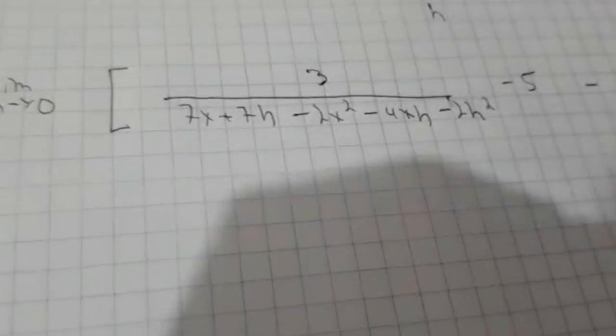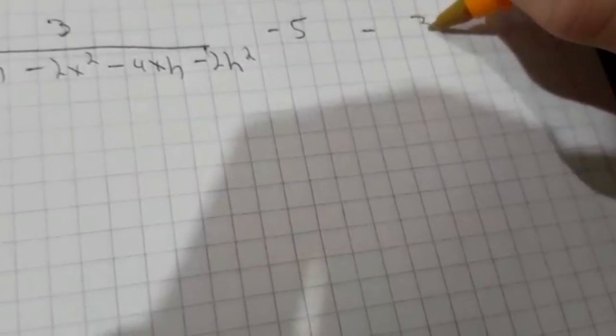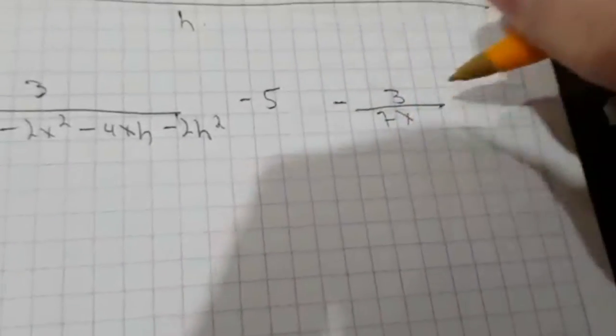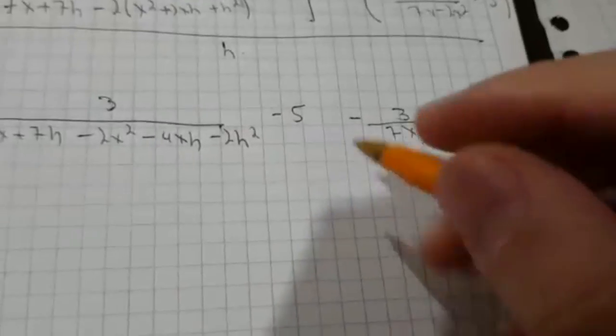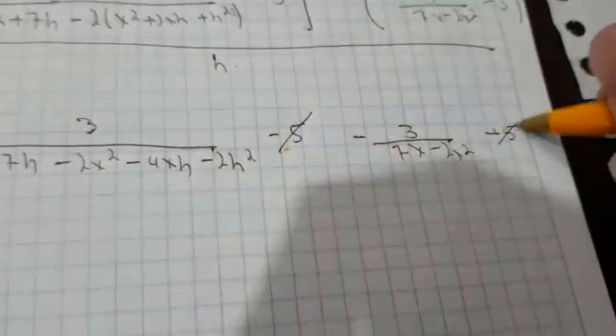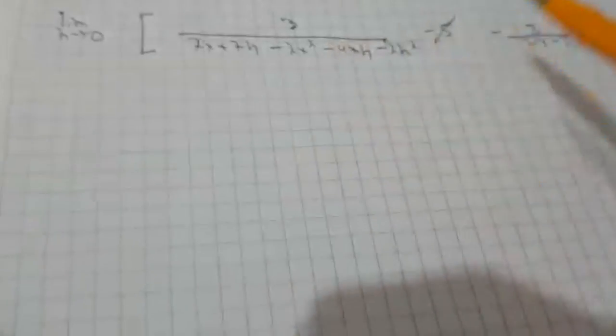And after this, we want to put this negative into the other equation. For example, doing this, negative 3, and put 7x minus 2x squared plus 5, because you remember we're putting this negative in. And what we can do right here is cancel these 5s, and we have to close this as well.